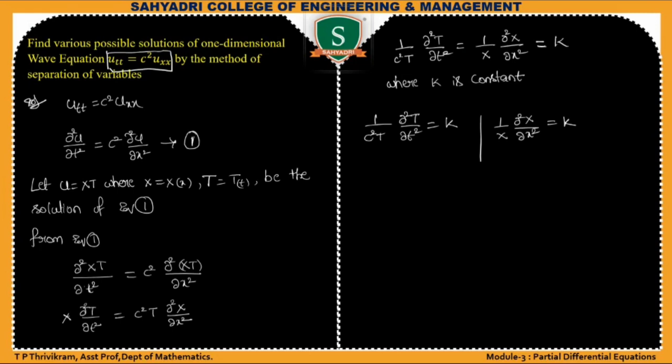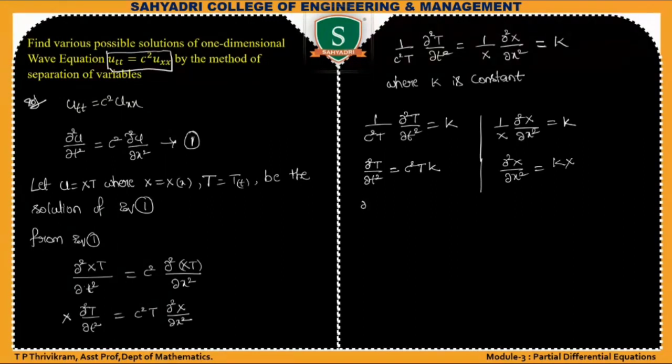Okay, so now we'll simplify this. Del square T by del t square is equal to c square T k. Similarly, del square X by del x square is equal to kX. So now I'll send it to the left hand side.